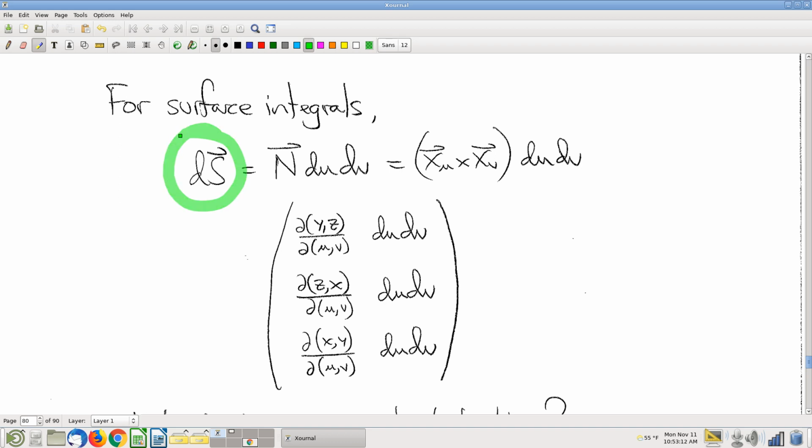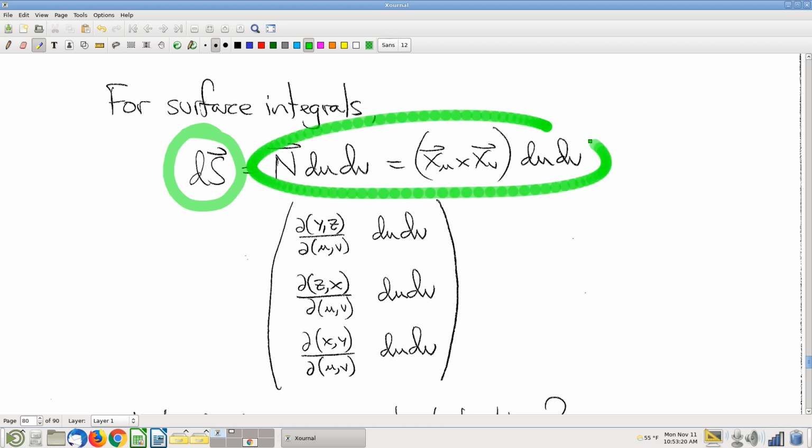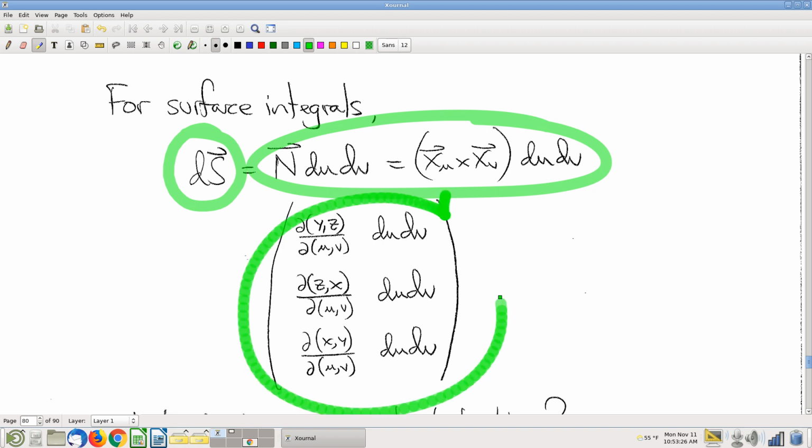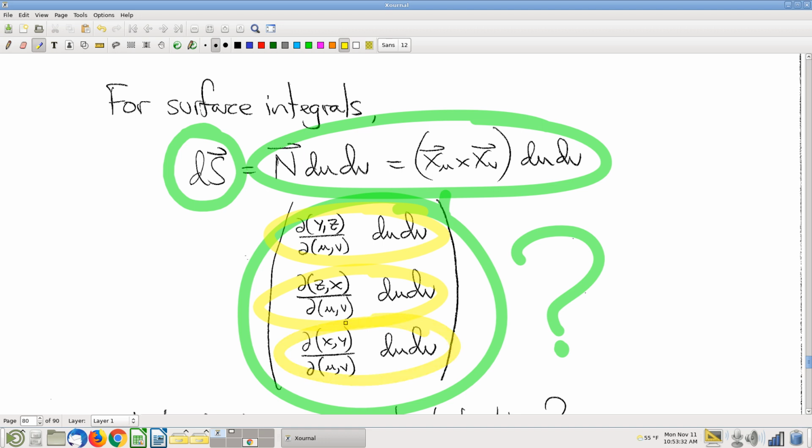There's our coordinate differential, our surface vector differential, dS. These are our existing formulas for it. It's on a couple pages back. This is how we expand that out. Now we're just going to ask the question, what do these coordinates mean one at a time? What do they look like? How do I think about them geometrically?